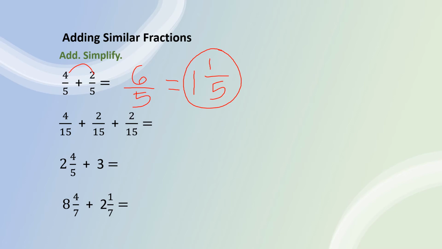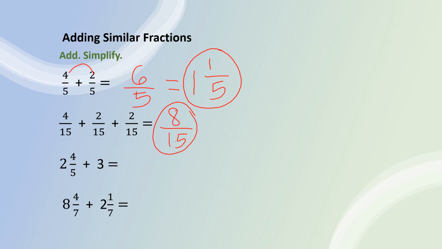So let's add the numerators. 4 plus 2 plus 2 is 8. Then let's copy the denominator, 15. Is this already in its simplest form or lowest term? Yes, because there's no other common factor except 1.